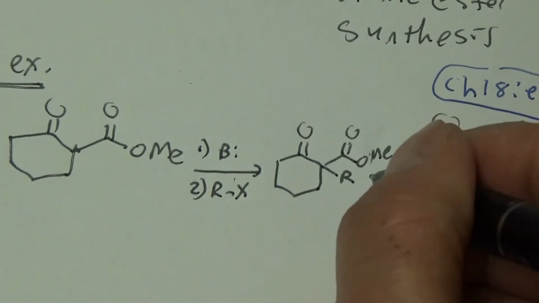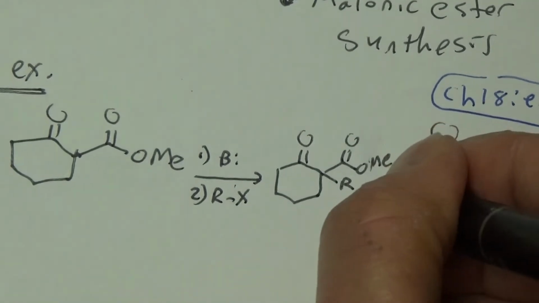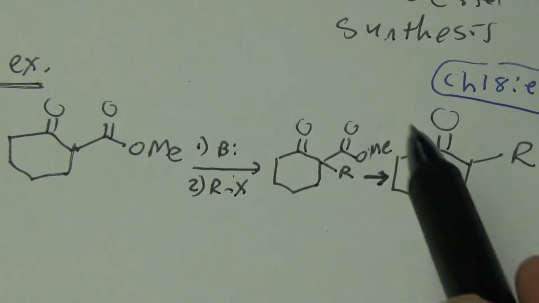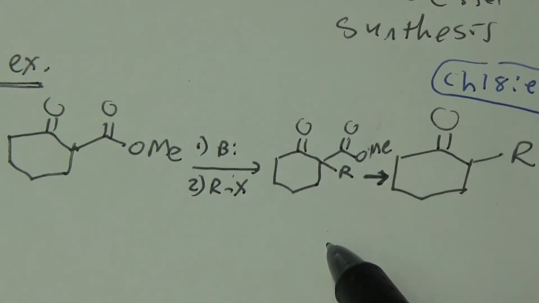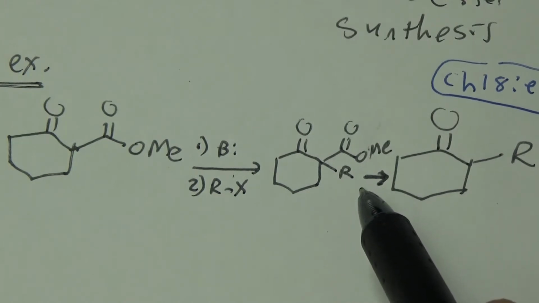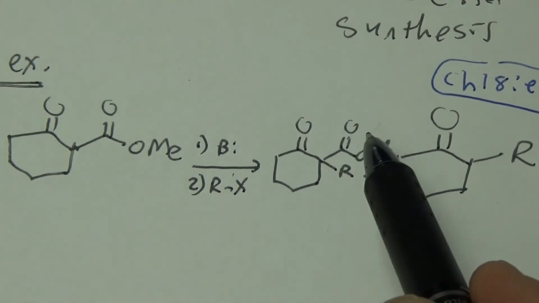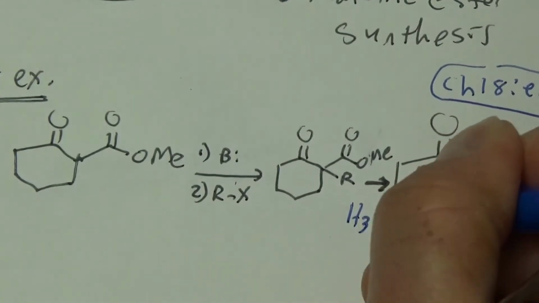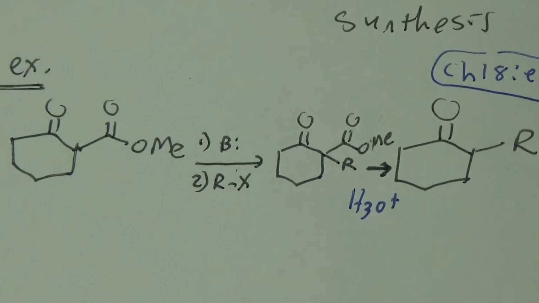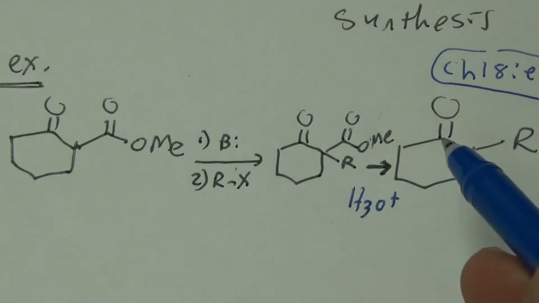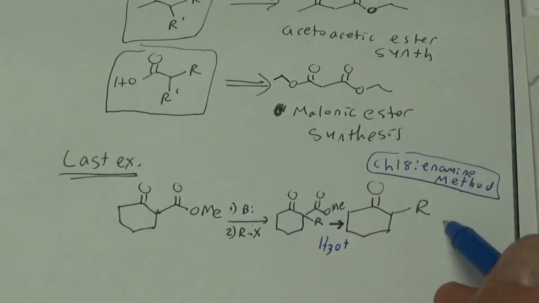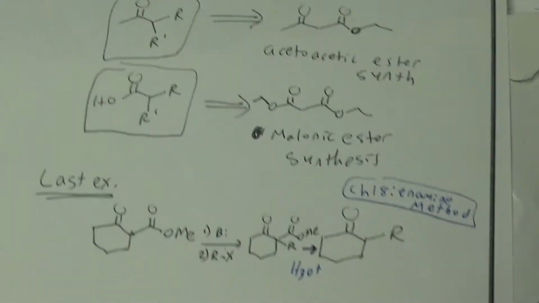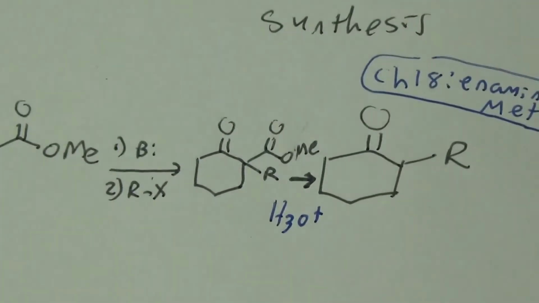And then we have another step here, which would be like the malonic ester synthesis and acetoacetic ester synthesis: you can treat this with acid. What's H3O+ going to do to this molecule? Well, it's kind of the same as the acetoacetic ester synthesis, and kind of like the malonic. What's acid going to do?